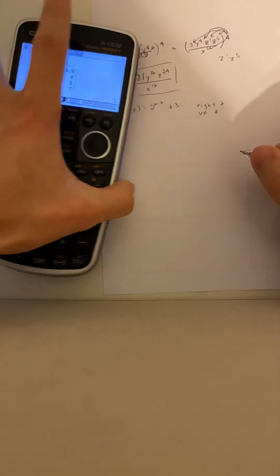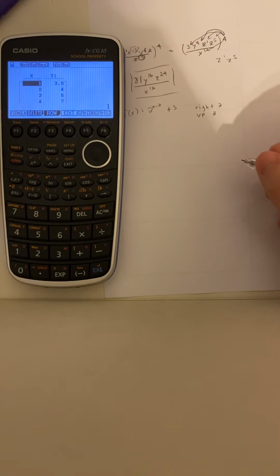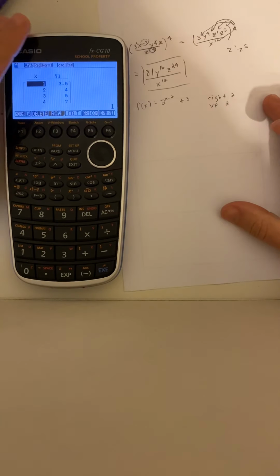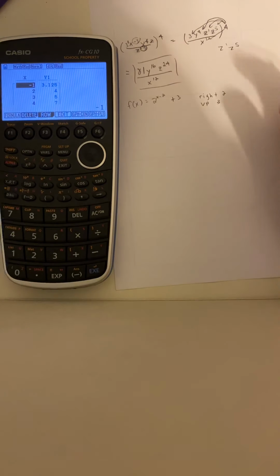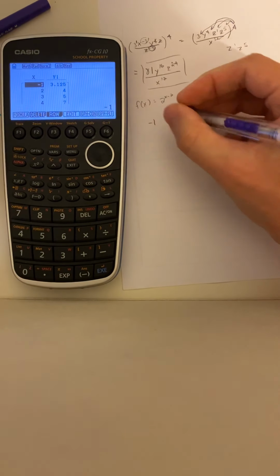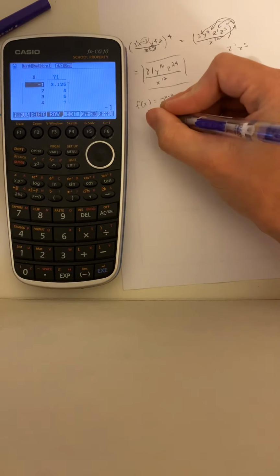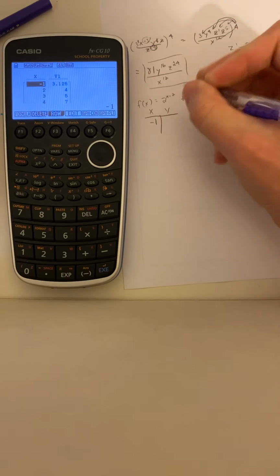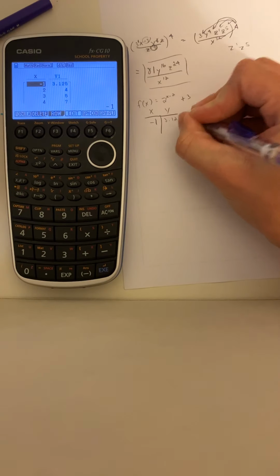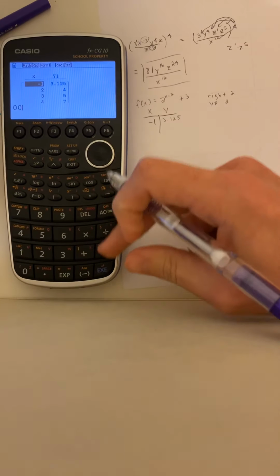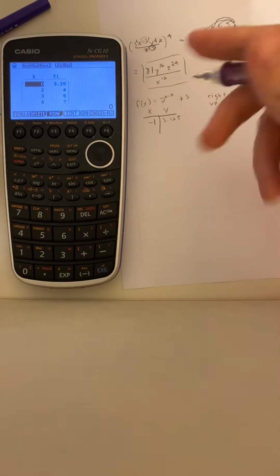I always like to plug in a couple different points from our table. So I would say let's plug in -1, and that gets us 3.125.